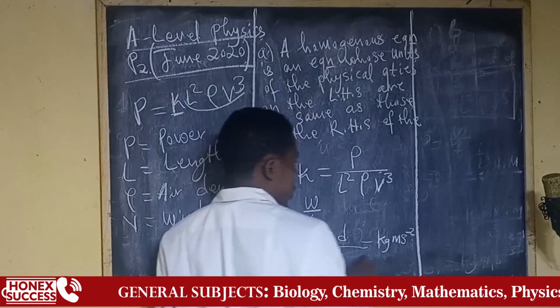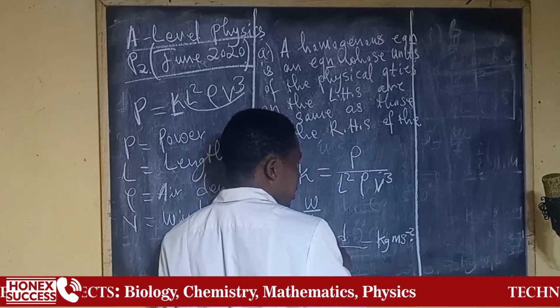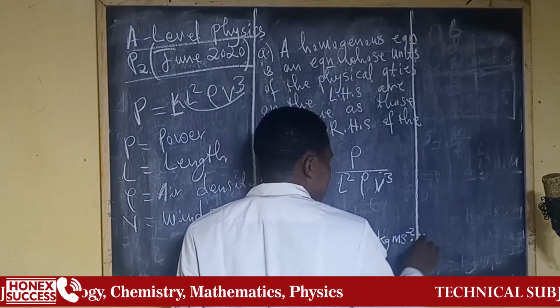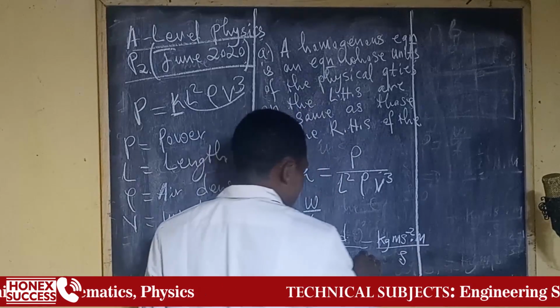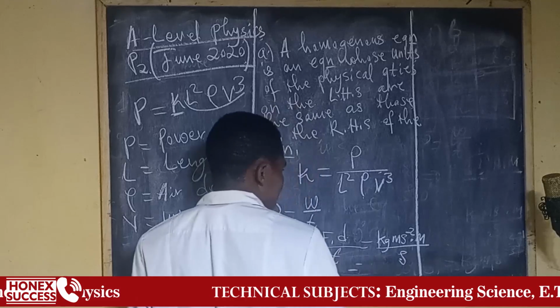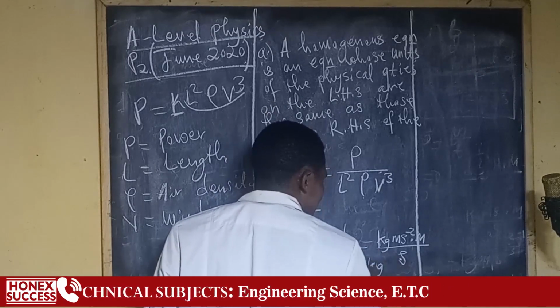So the base unit for power is kilograms meter squared per second cube.